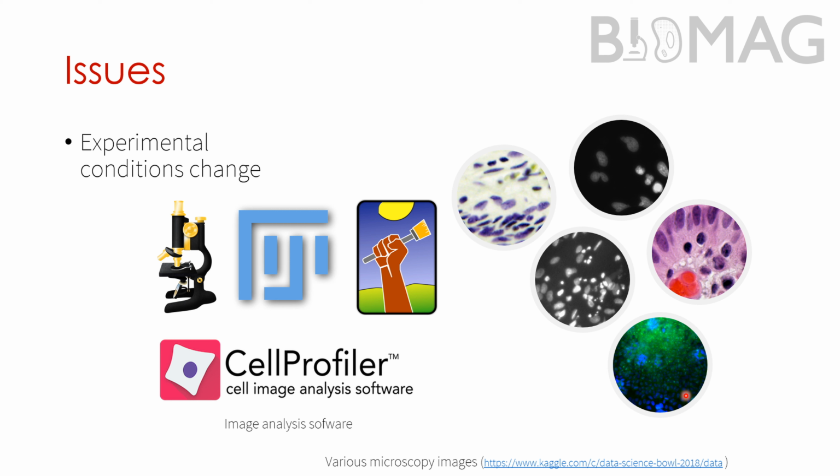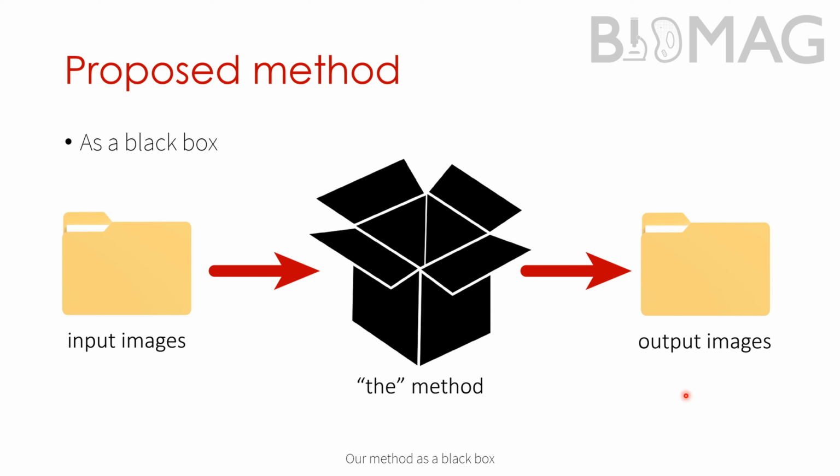So for a typical end user who doesn't want to spend much time on that part, they just want to forward their images to something and get the outputs on the other end. You can think of this method as a black box, and forward a folder of input images and get the output on the other end, just like that.